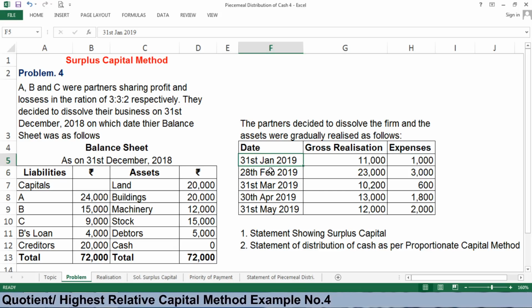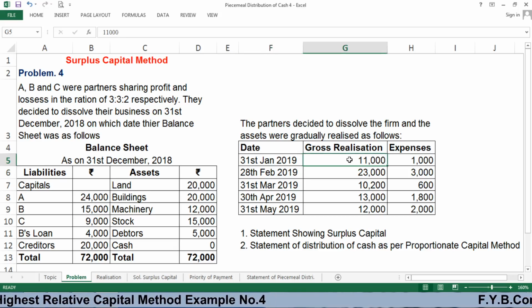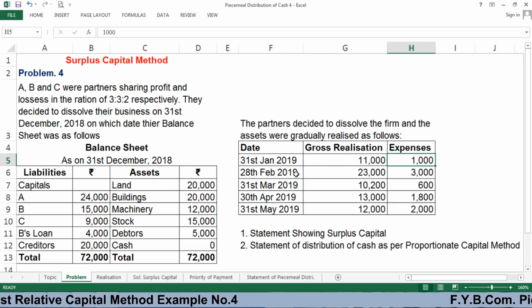Our balance sheet is as on 31st December 2018, which is the last day of 2018, and in the next year on 31st January 2019 we got the first realization, that is gross realization of rupees 11,000, and we have expenses of rupees 1,000.